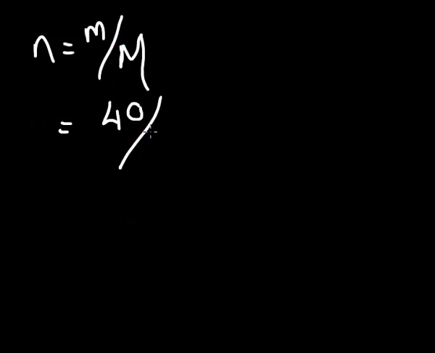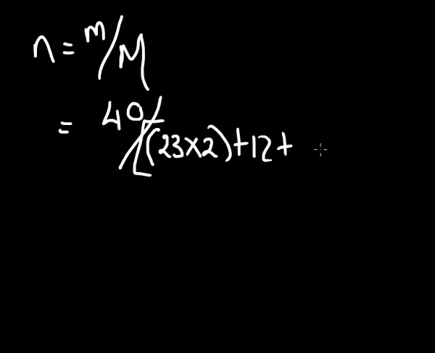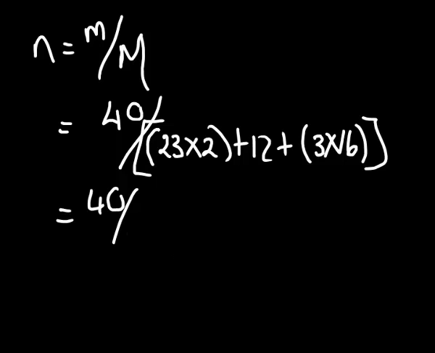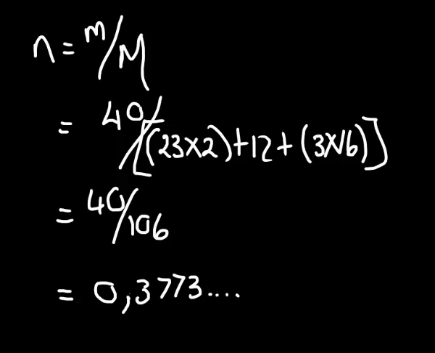When calculating our molar mass, we've got 2 sodiums, that means 23 times 2, and then we're going to add the carbon plus 3 oxygens, which is 16 each, and that's going to give me 40 divided by 106, not rounded off though, which is 0.3773 moles.